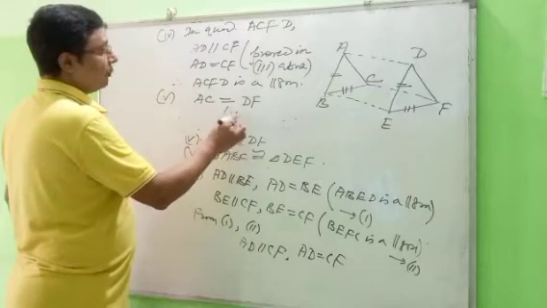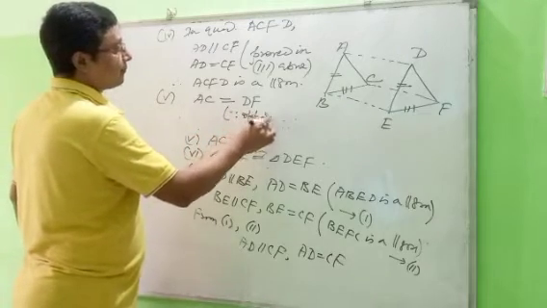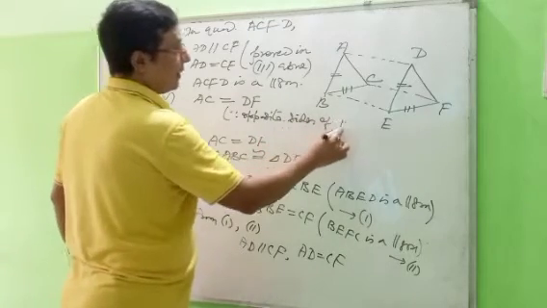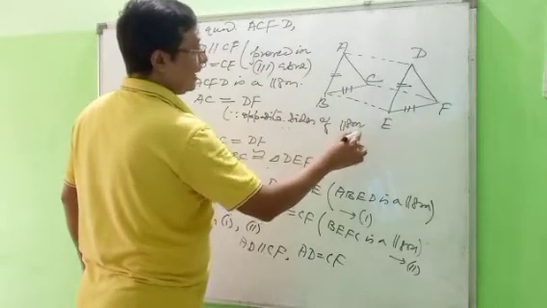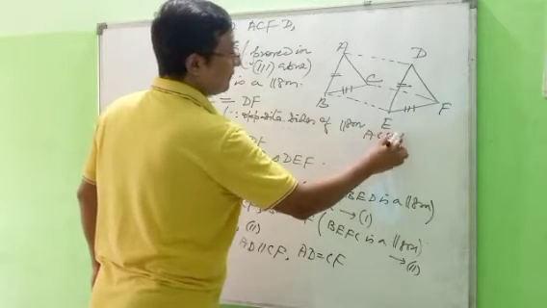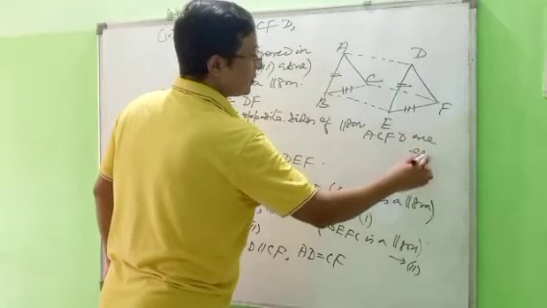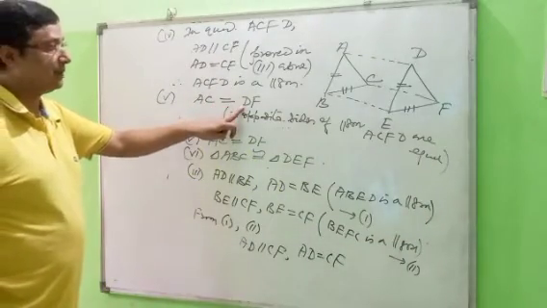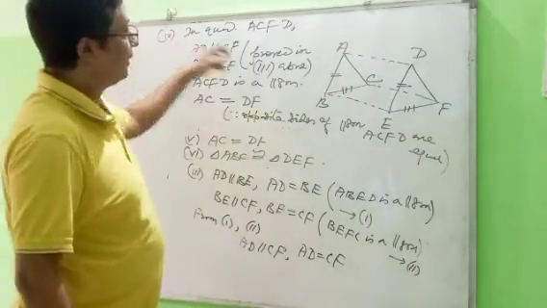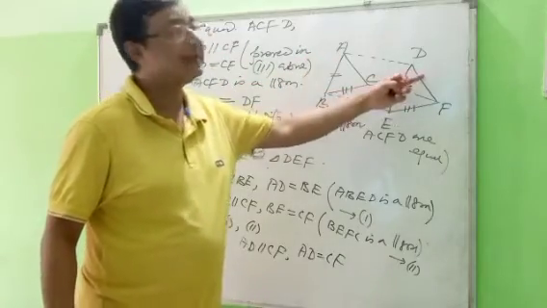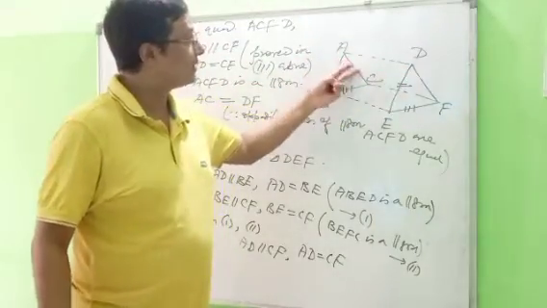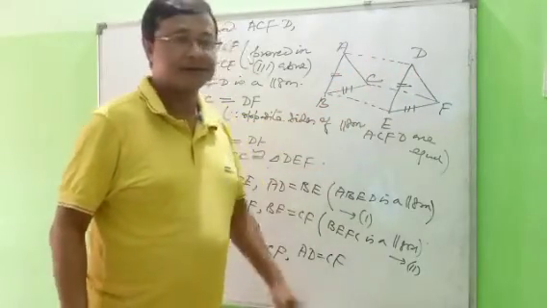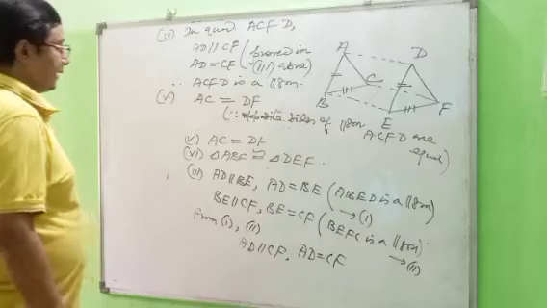You can say that opposite sides of parallelogram ACFD are equal. So that is why AC equals to DF. Because you proved in 4 that ACFD is a parallelogram, that is why AC equals to DF, opposite sides of a parallelogram.